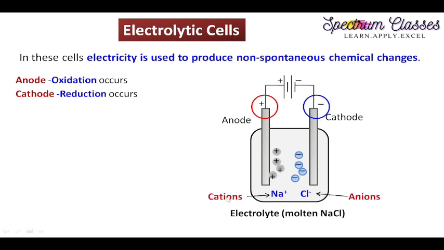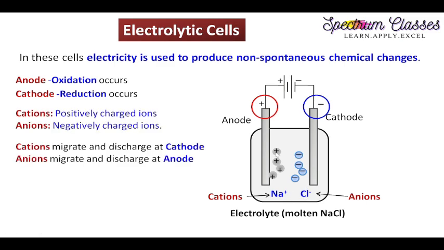Positively charged ions are known as cations, whereas negatively charged ions are known as anions. Cations migrate towards the cathode and anions migrate towards the anode. If you forget that, you can relate cation with cathode, and anion with anode, since both start with the same letter.